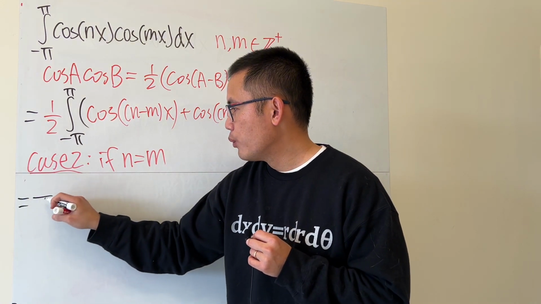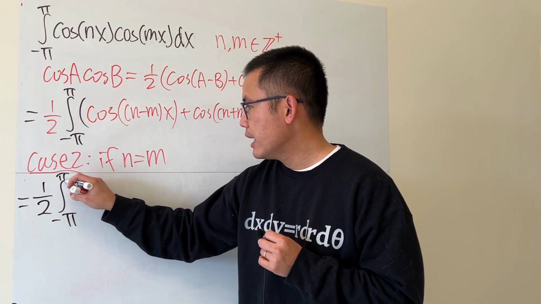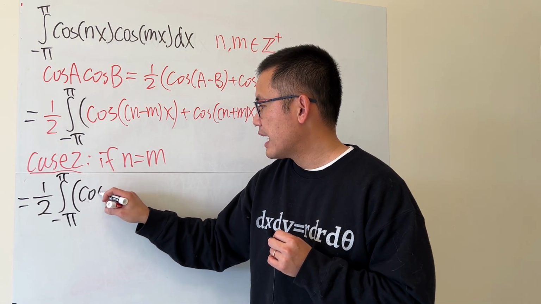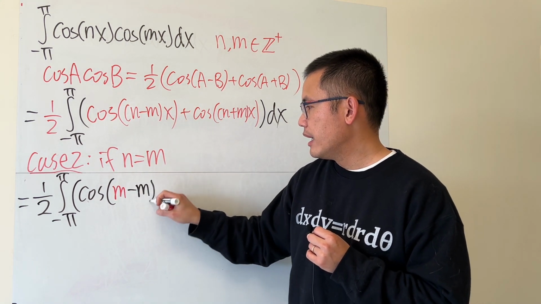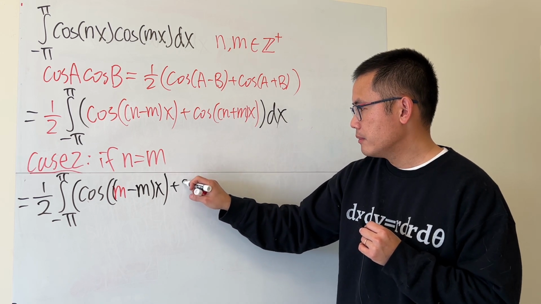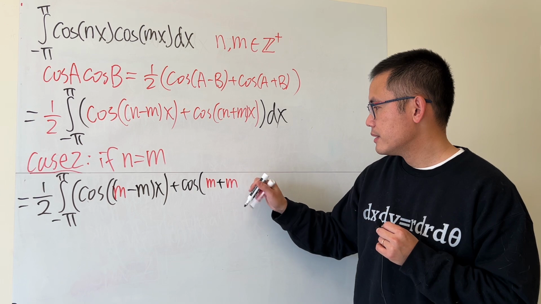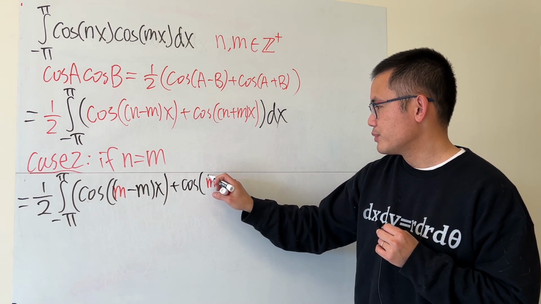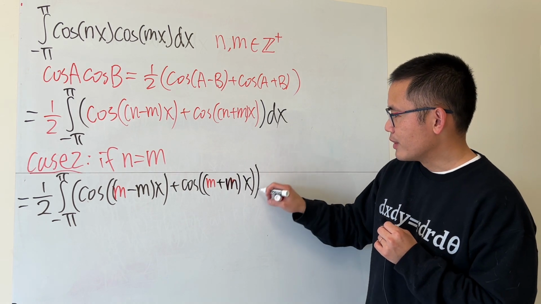So we will have 1/2 integral negative pi to pi, and then cosine of m minus this m, and of course that's equal to 0, but I'll take care of that later. And then for the other one, do the same thing. Oops. Better this way. And then x. Another one, dx. Okay.